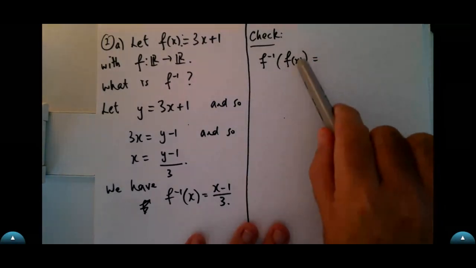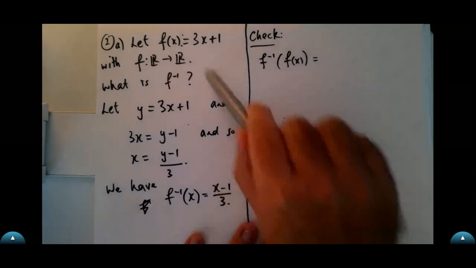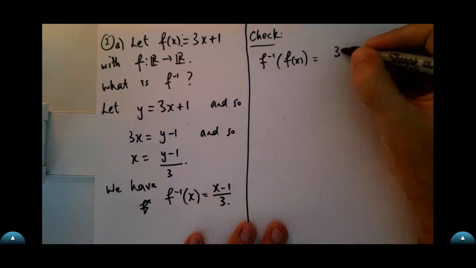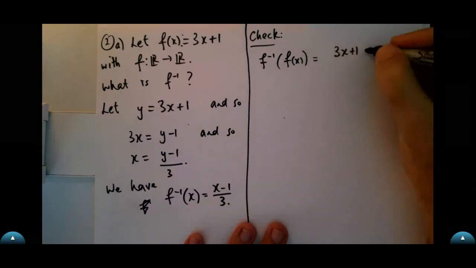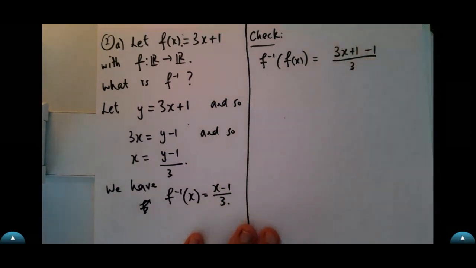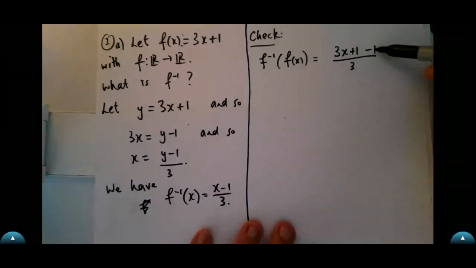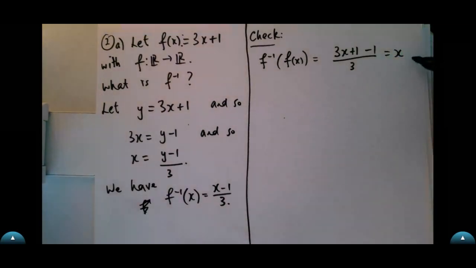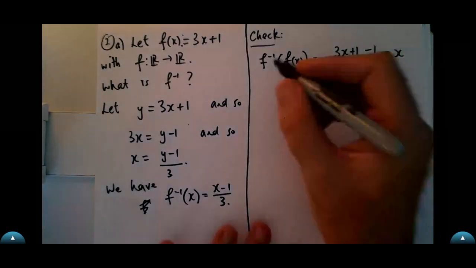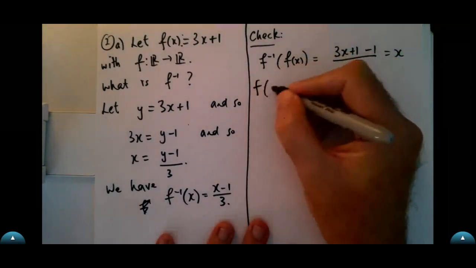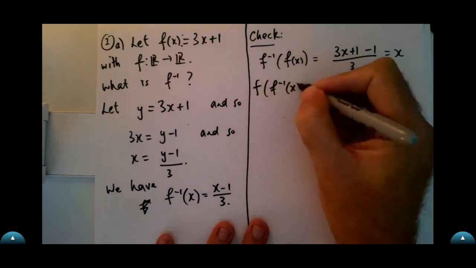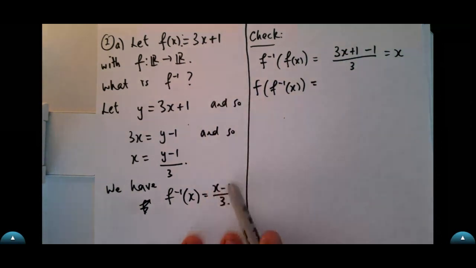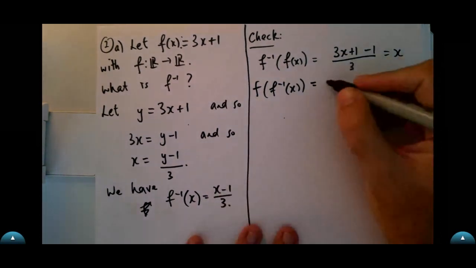Let's take f of x and put it in there. We'll replace x here with 3x plus 1. That 1 is obviously going to disappear and the 3's will cancel. That's good, we like the look of that. And let's do it the other way. We want to go up here and replace x with this.